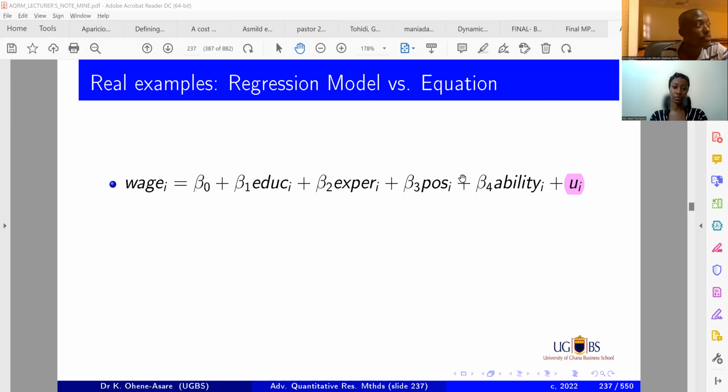Gilbert, give me one relevant factor. Yes, please. Expectation. Salary expectation or wage expectation. So you mean your salary expectation alone increases your salary? It can determine.